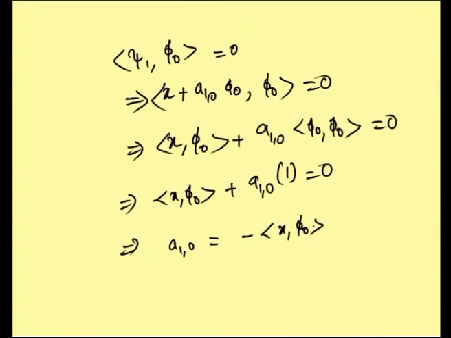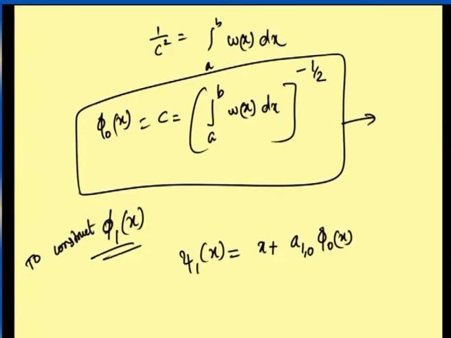Okay. And minus x comma phi naught, according to the inner product definition, is minus of integral a to b, x into phi naught of x into w of x dx. Okay. But what is our phi naught? According to equation 1, phi naught is integral a to b w of x dx whole power minus half, isn't it?